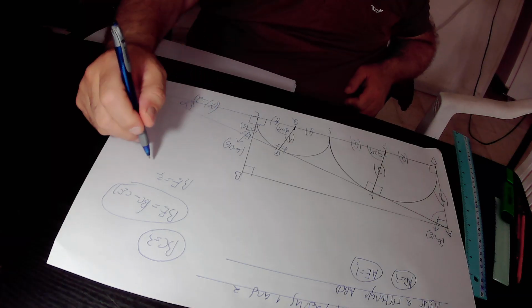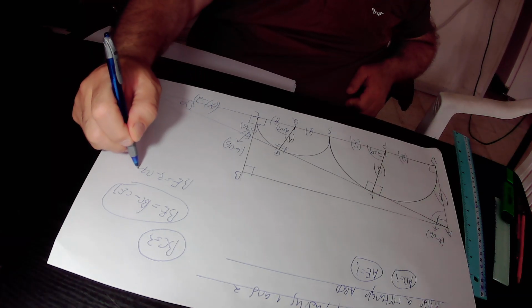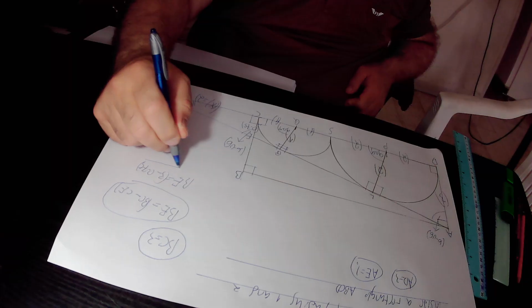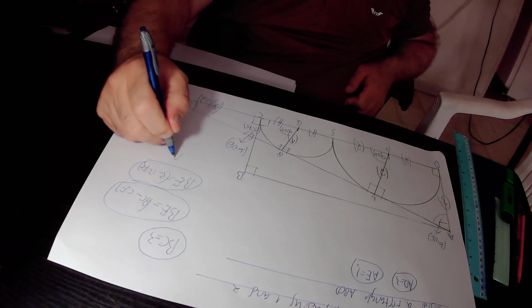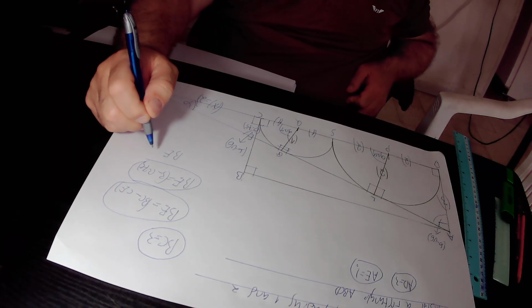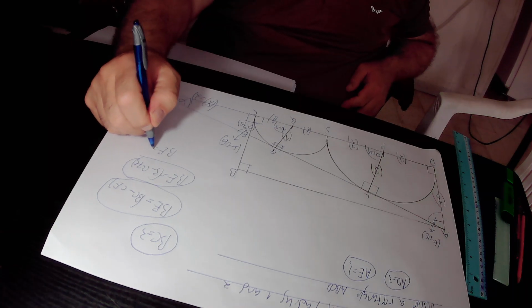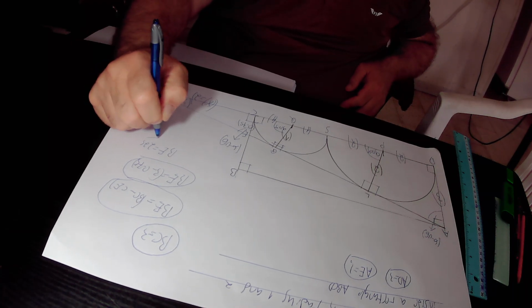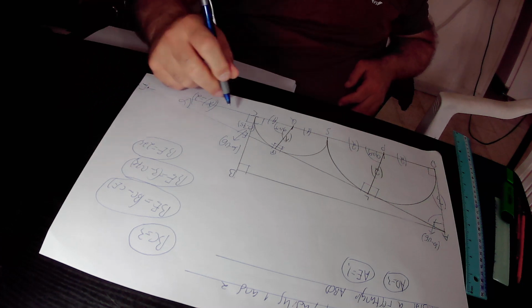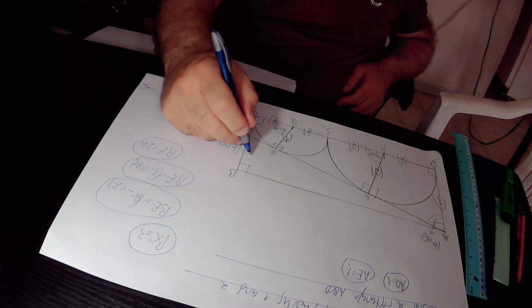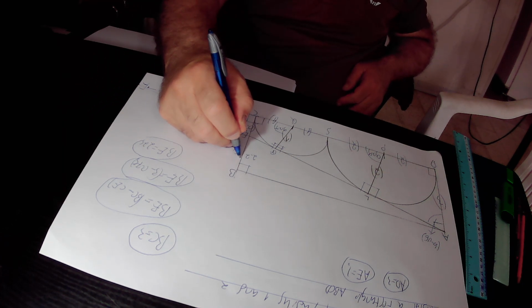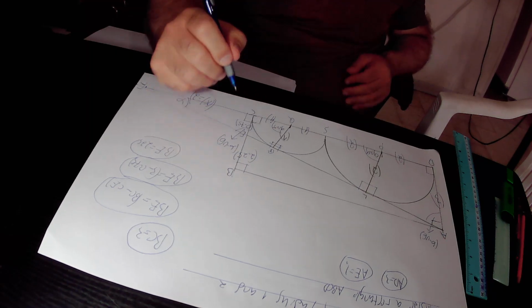CE is 0.75. So in total, I shall find out that BE equals 3 minus 0.75, that is 2.25. So this missing line segment BE equals 2.25 units in its length.